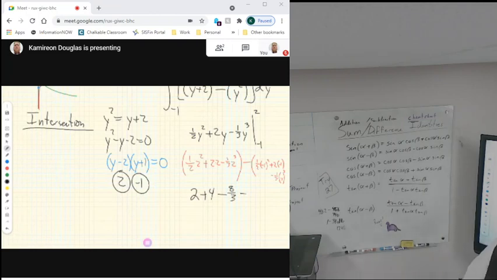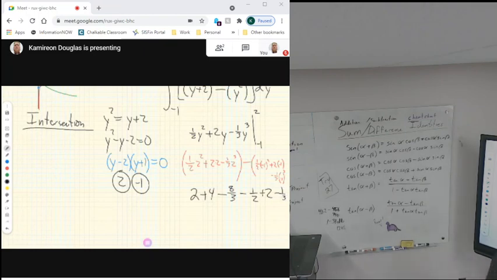Minus, negative 1 squared is positive 1, times 1/2 would be minus 1/2. 2 times negative 1 would be negative 2, but I'm subtracting, so it becomes a positive 2. Negative 1 cubed becomes negative 1, times 1/3 would become negative 1/3, but then I'm subtracting, so we end up with positive 1/3.